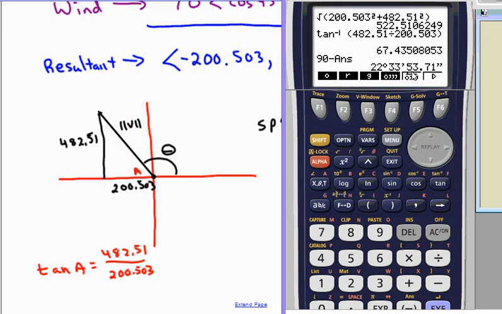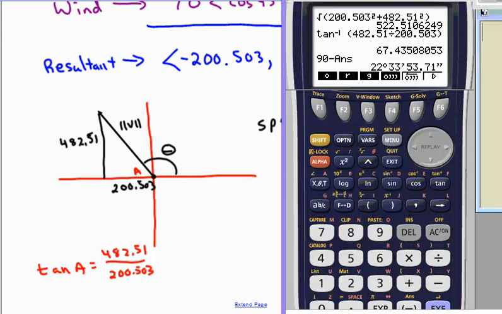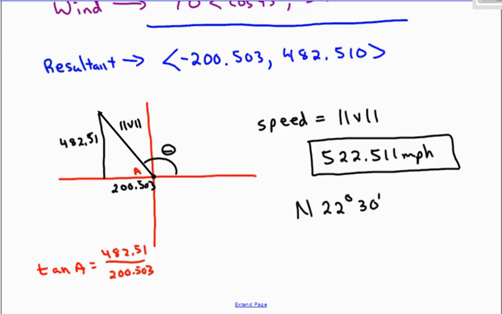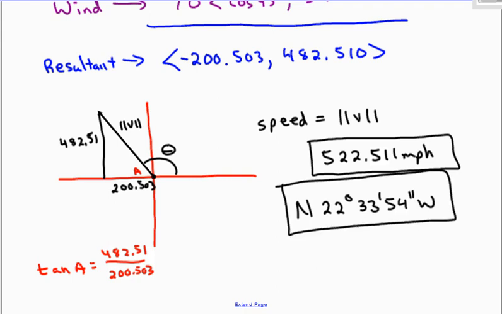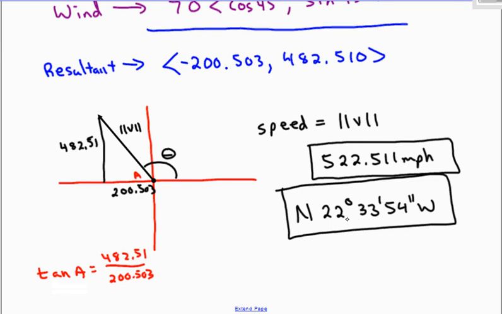So the plane's going north, then 22 degrees, 33 minutes, 54 seconds to the west. Boom. So, as it was going 30 degrees north, 30 degrees west, the wind blew it off course by about 7.5 degrees, right? So it's going to have to make up for it, but it's going faster.